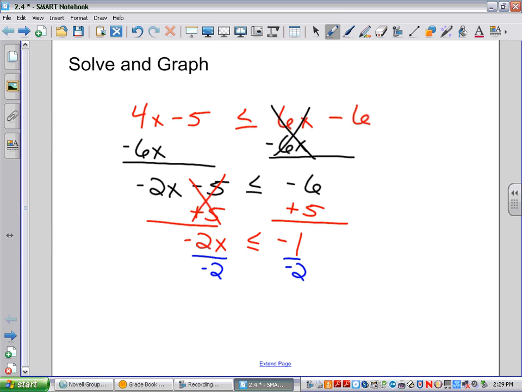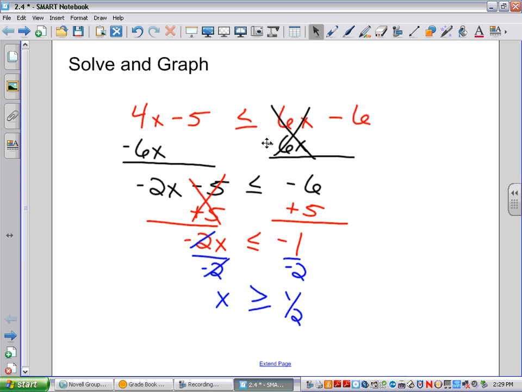Now stop. Big red flag should go off in your mind. If you divide by a negative 2, you must reverse the inequality sign. You can mark out these negative 2's. So x would be greater than or equal to, that's going to be a positive 1/2 because two negatives make a positive.